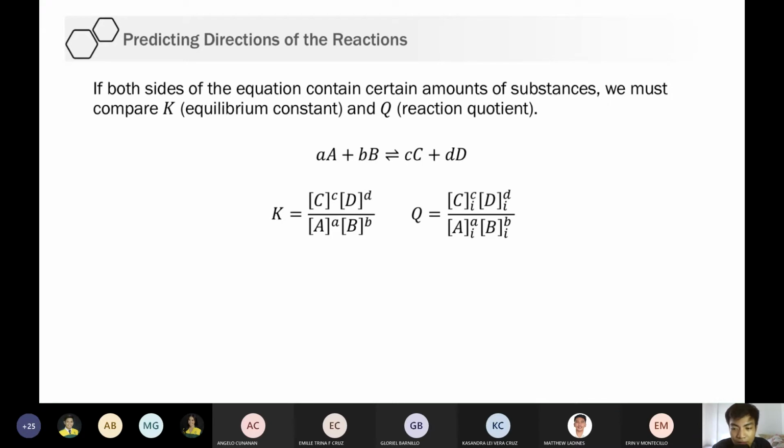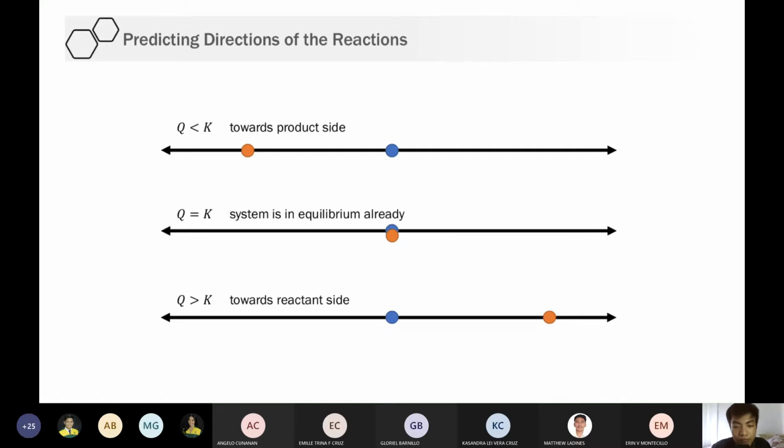So depending on the difference of Q and K, you can tell where the reaction is going. So if your Q is less than K, yung Q yung orange, yung K yung blue. So if your Q is less than K, then in order to achieve equilibrium, your reaction must proceed to the right, no? If your Q is equal to K, then you are already in equilibrium.